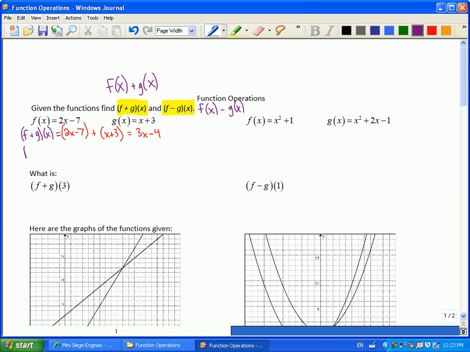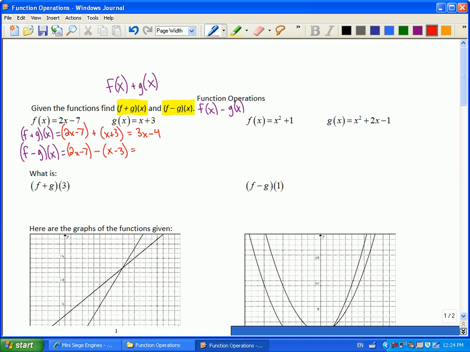So similarly, if I do f minus g, it's going to be 2x minus 7 minus x minus 3. And you'll notice that I'm using brackets, and I do that on purpose so that you tend to make less careless mistakes if you put them all in the bracket.